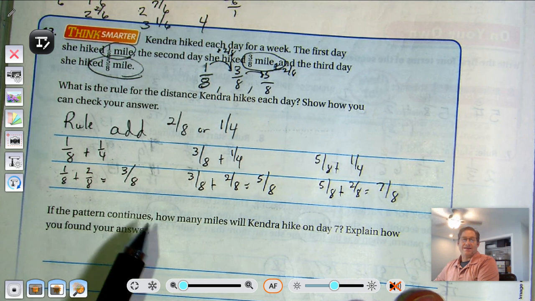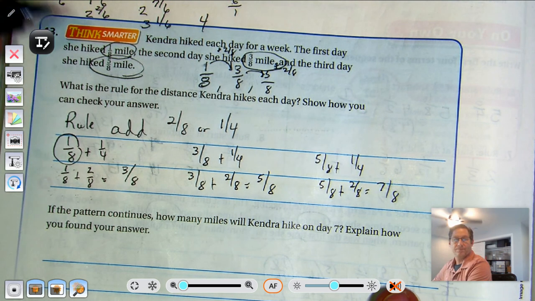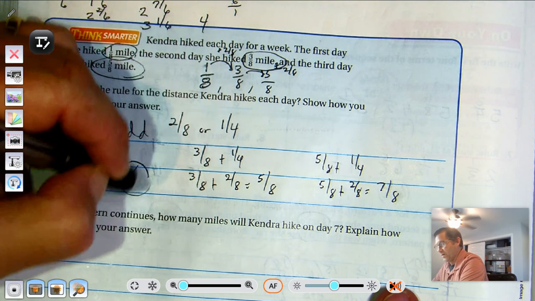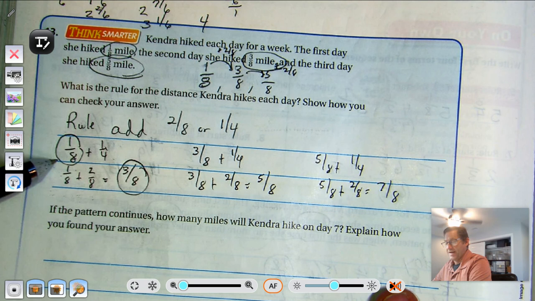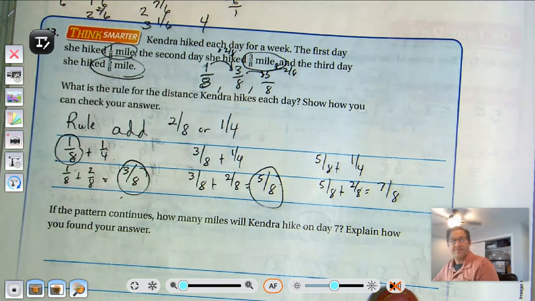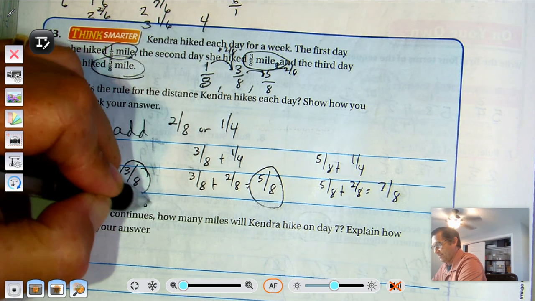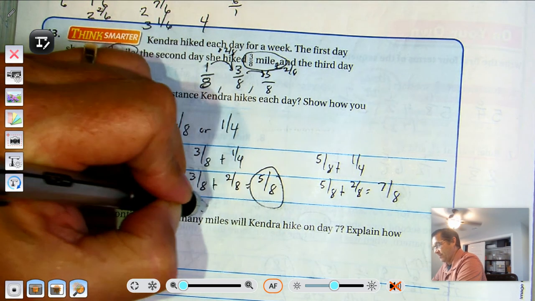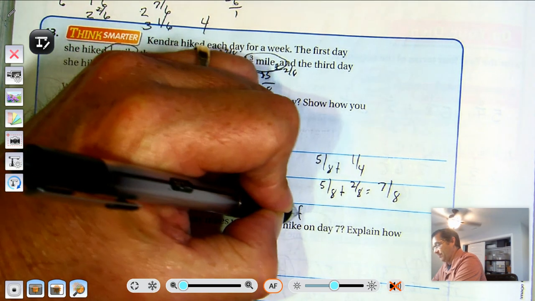So if we just keep adding 2/8, 1/8 was day 1. When we added the 1/4, we got 3/8. So first day 1/8, second day 3/8, third day 5/8. 1/8, 3/8, 5/8 matches the information in the problem.